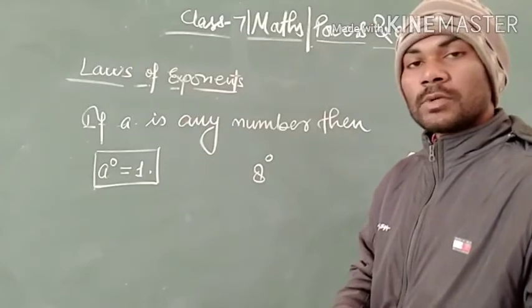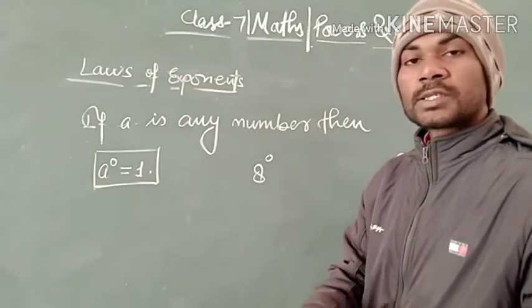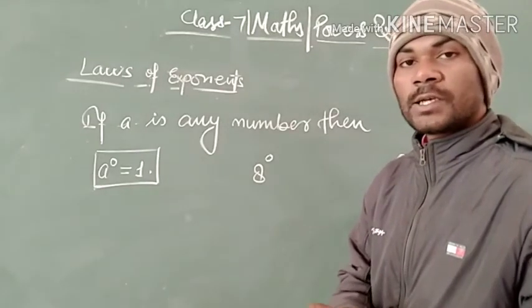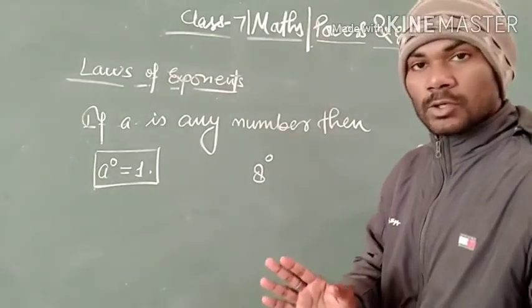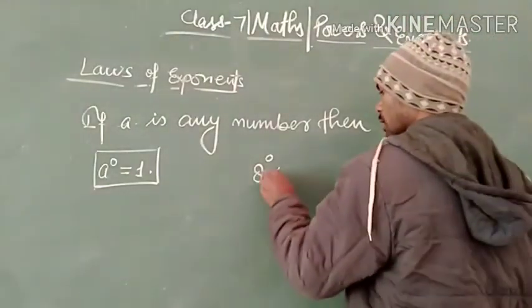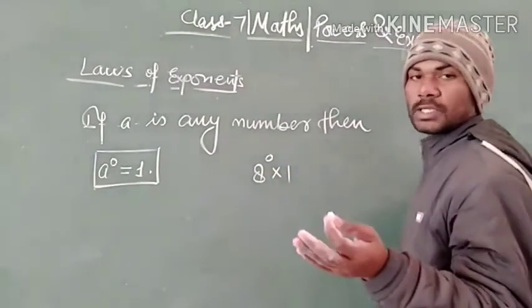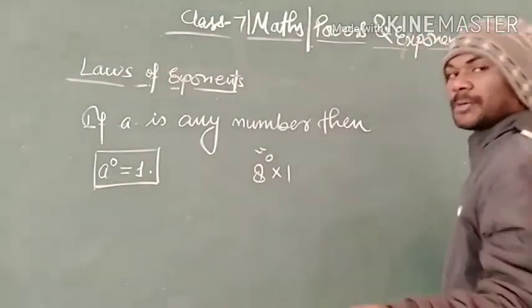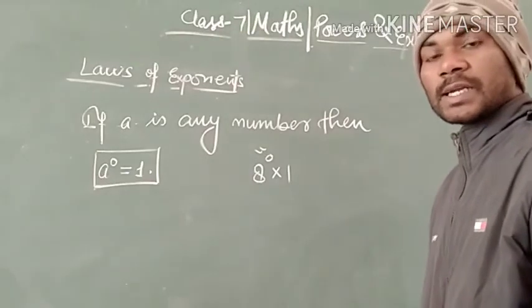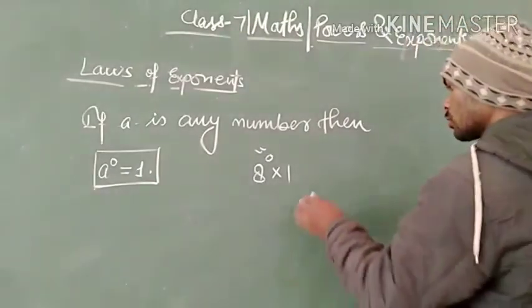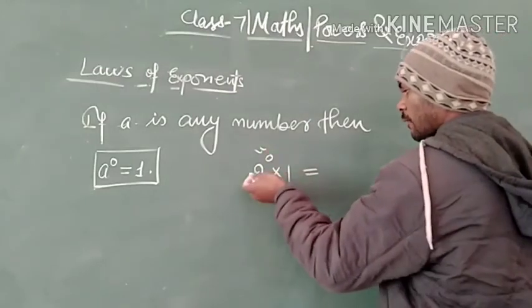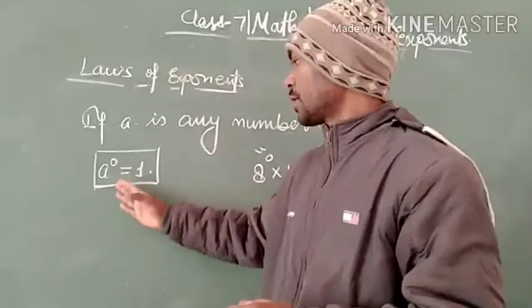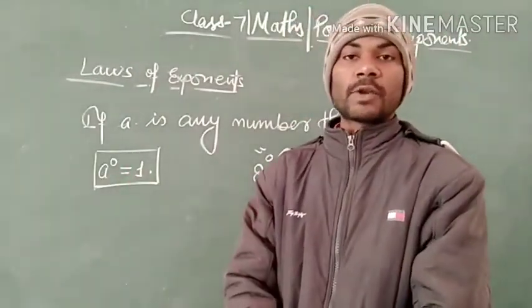So just tell me, is the multiplication of a number to itself by 0 time possible or not? Then your answer is clearly that it is not possible. So here we can say that 1 is always multiplied to all numbers and 0 represents that 8 multiplied to itself by 0 time, that is there is no multiplication of 8. So here nothing multiplication of 8, so our answer is always 1. So that 8 to the power 0 is equal to 1 for every number.